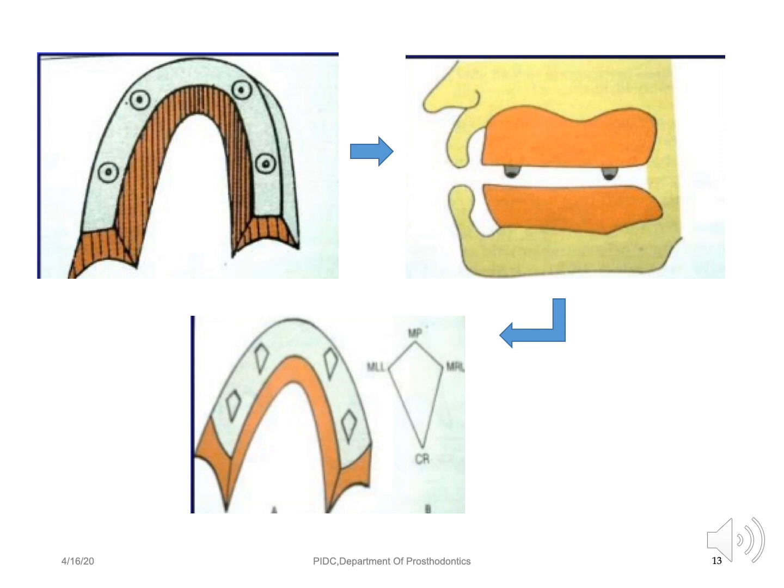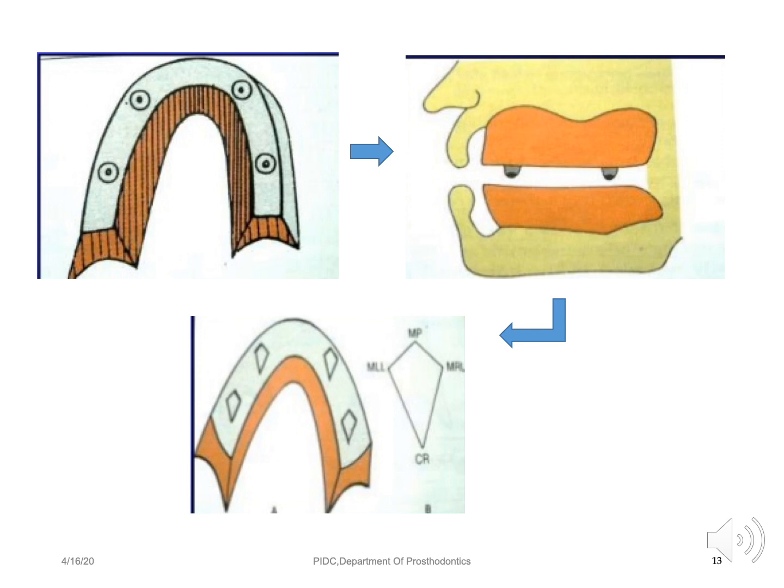Then you ask him to do a protrusive movement, and then the mandibular left lateral and the mandibular right lateral movements. When he does that, you get a diamond shape.